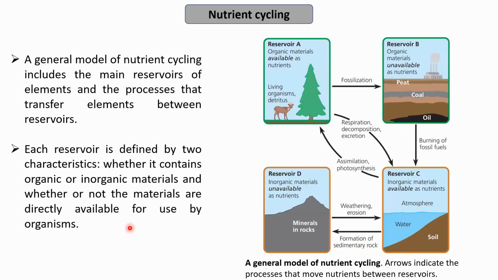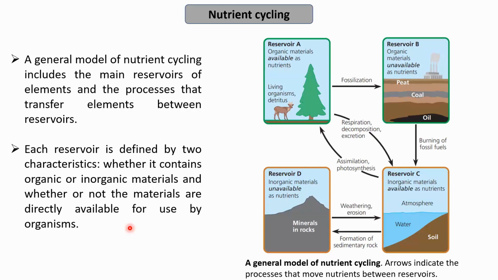So in every reservoir, the materials present may be organic or inorganic. And the second characteristic of each reservoir is whether these materials are directly available for the use of organisms or not, or whether some other processes are required for their availability.